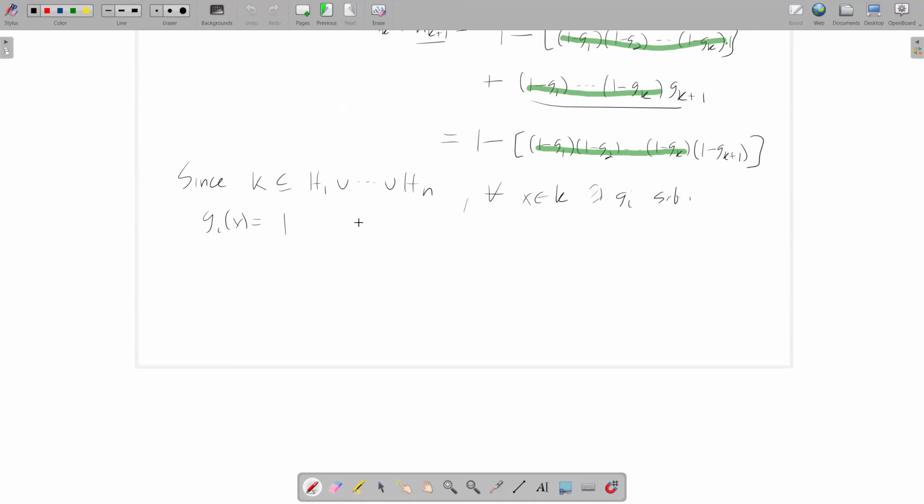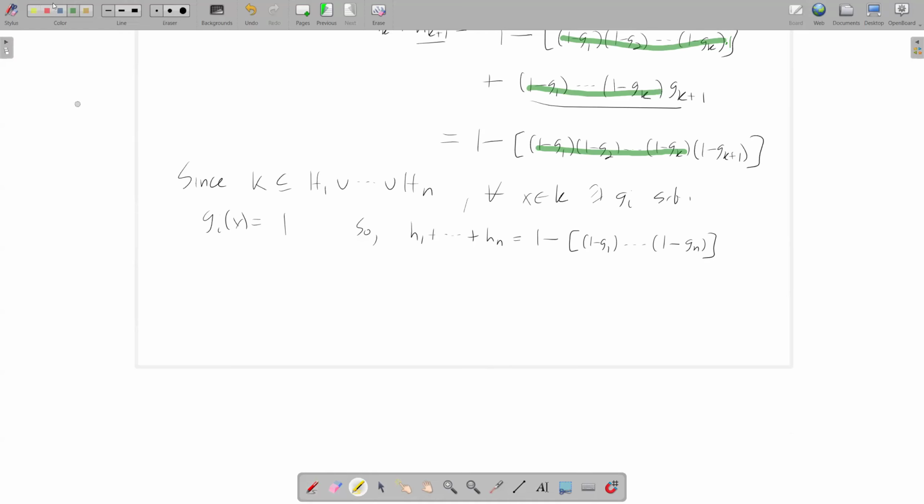h1 plus ... plus hn is equal to 1 minus (1 minus g1) out to (1 minus gn). So if gi(x) is equal to 1, then this is actually 0.